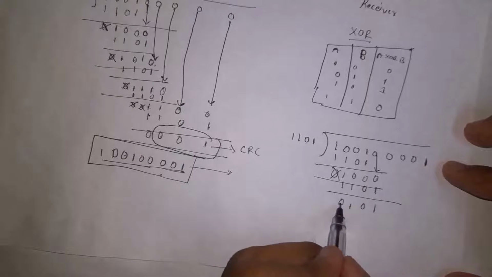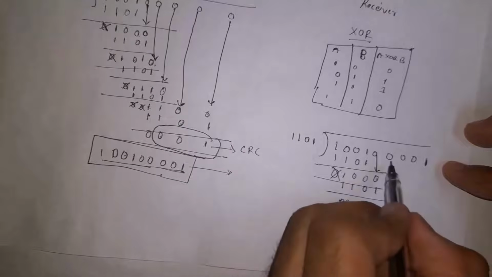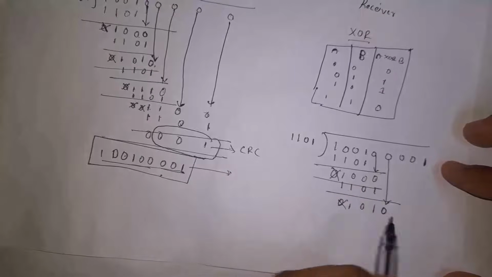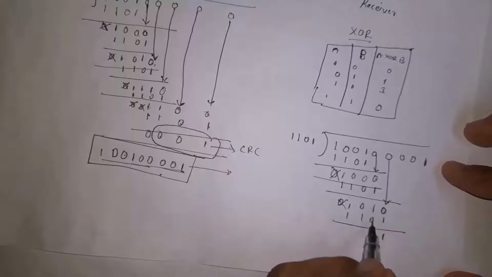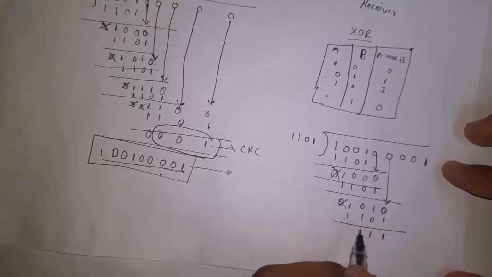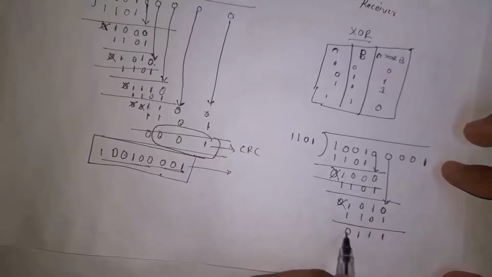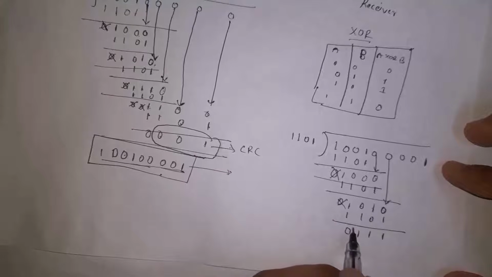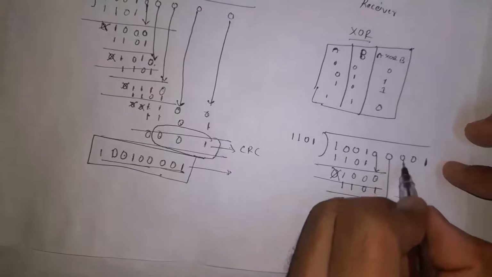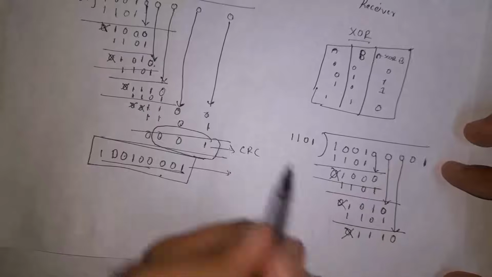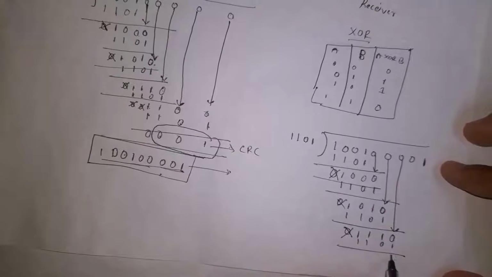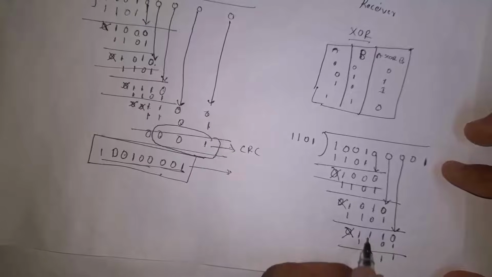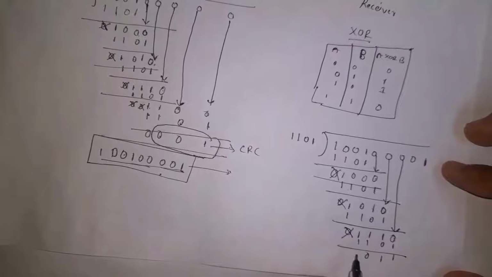As the last value is 0, remove this and add the next 0. 1010, again apply 1101. So for 011, for 101, for 011, for 110. As the last value is 0, no need to consider this, remove this and add the next 0. And again apply 1101. So for 011, for 101, for 110 and for 110.